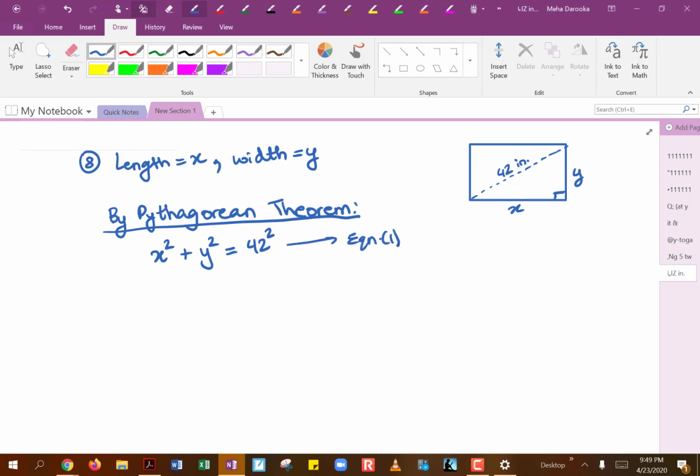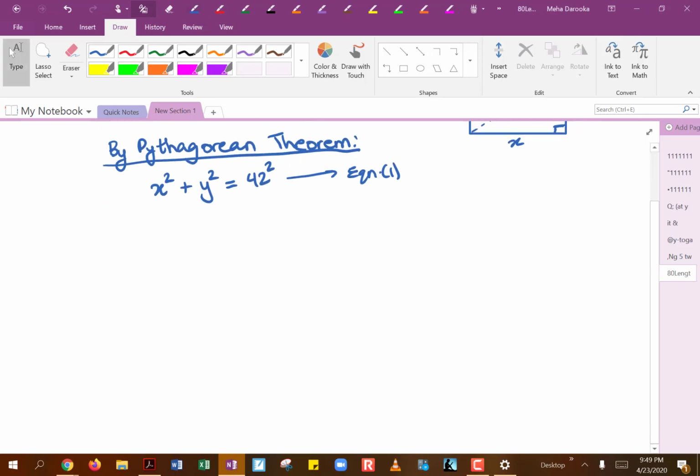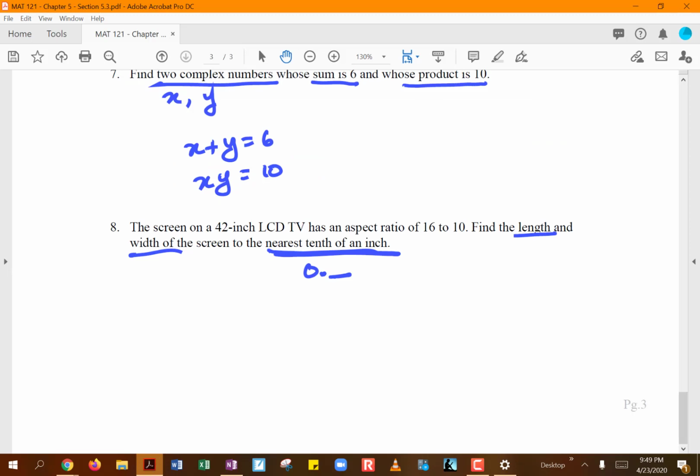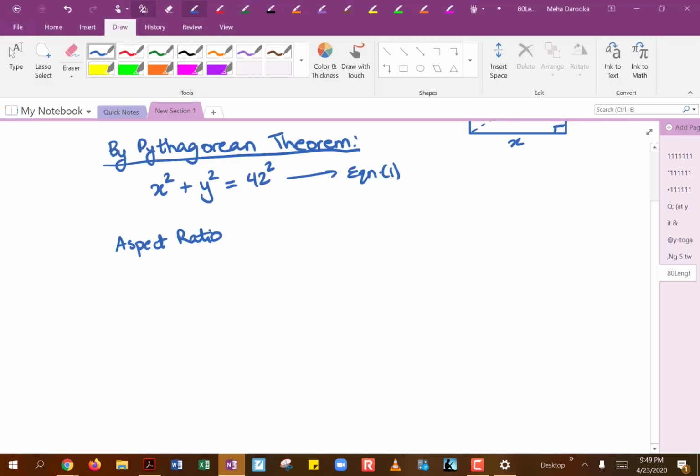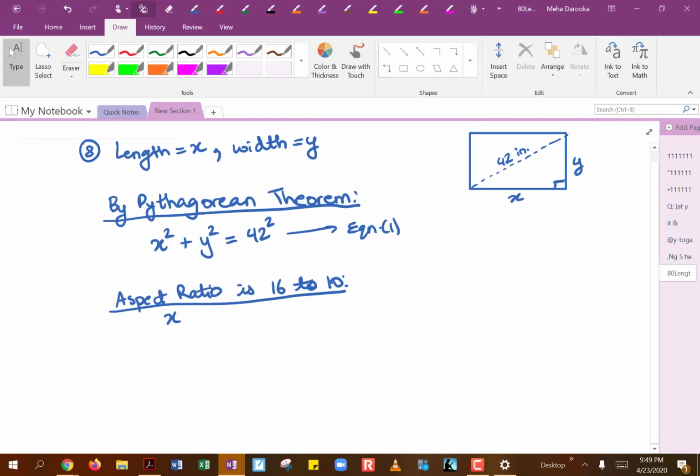Now, of course, we need equation 2 to help us out here. So that's coming from the information they gave us about the aspect ratio. So remember they told us the aspect ratio of this 42-inch LCD TV was 16:10. So using that aspect ratio, we can come up with our second equation. So x, remember, is the length, y is the width.